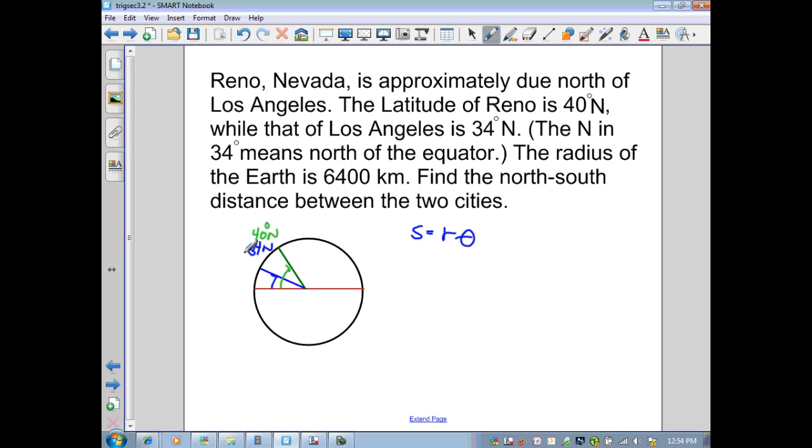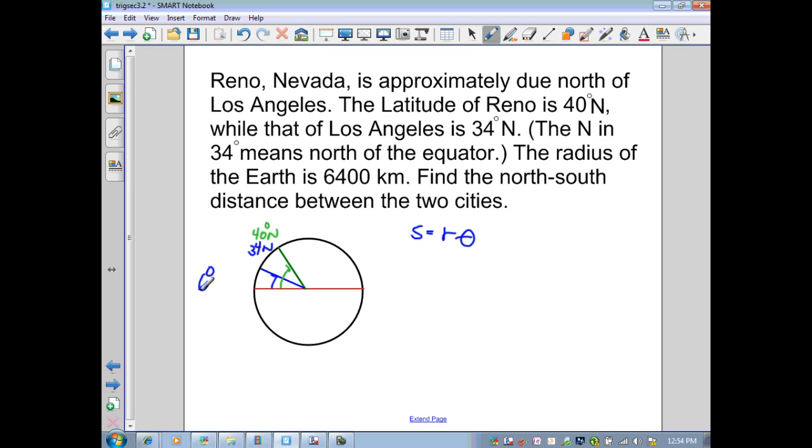So what we need is the angle generated between those two degrees. So all we need to do is subtract these two values from each other, and what I end up with is a 6-degree difference between the two cities. Then I can substitute those values into our formula and find out what the intercepted arc length is on a 6-degree angle, and that would give me the distance between the two cities.